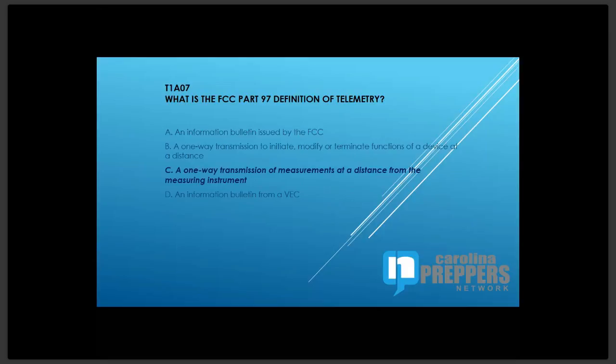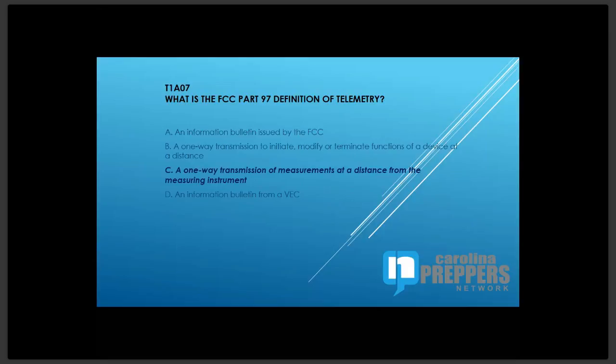And by knowing that, if you know that telemetry is related to science, what does science more often do? They take measurements. So you know that telemetry isn't going to be an information bulletin issued by the FCC. That would just be a notice.